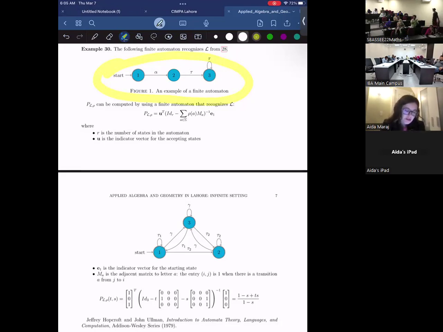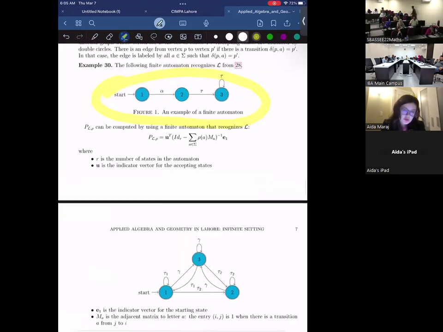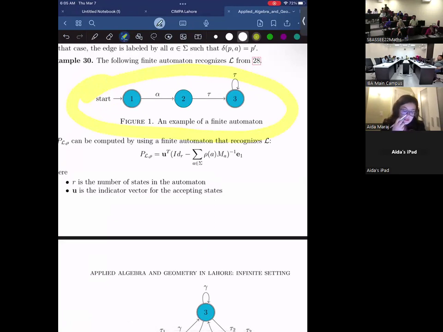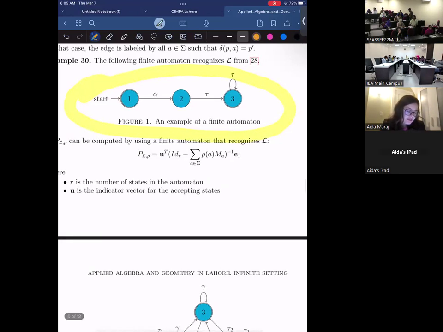A finite automaton is a simple machine, like these two machines here, represented by directed graphs, that inputs letters and outputs words with certain rules determined by this graph. So for instance, here we have this graph with starting state 1, and we have edges labeled by letters in the alphabet.